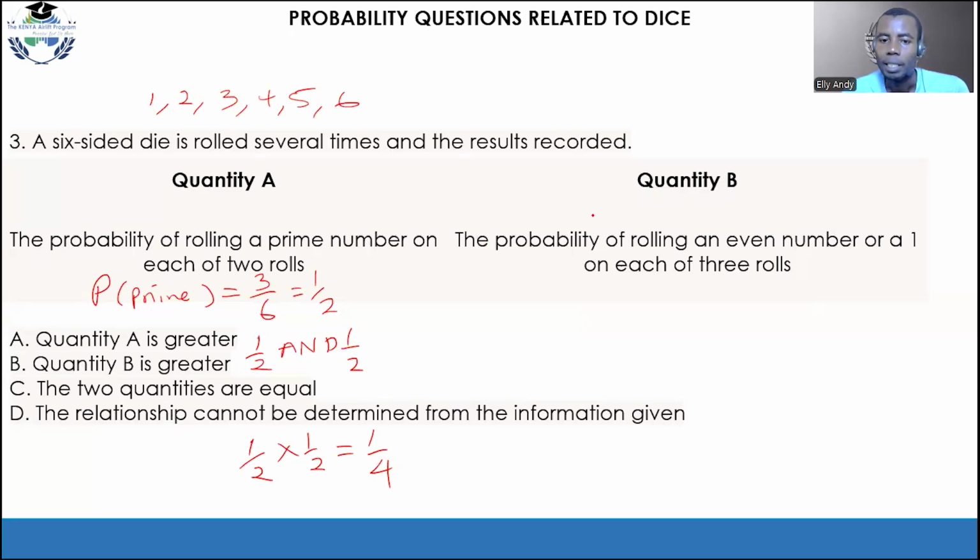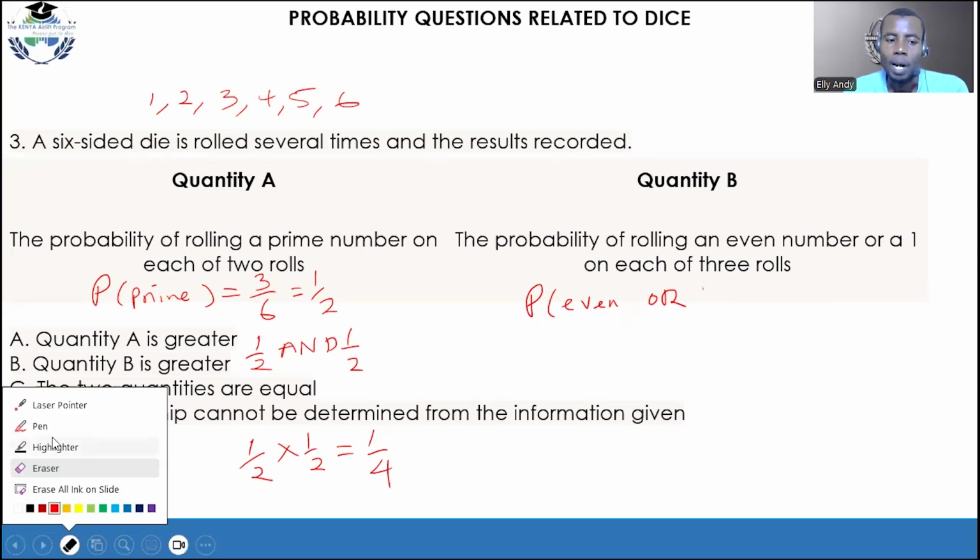Quantity B reads the probability of rolling an even number or a 1 on each of the 3 rolls. So again, probability of even or 1.